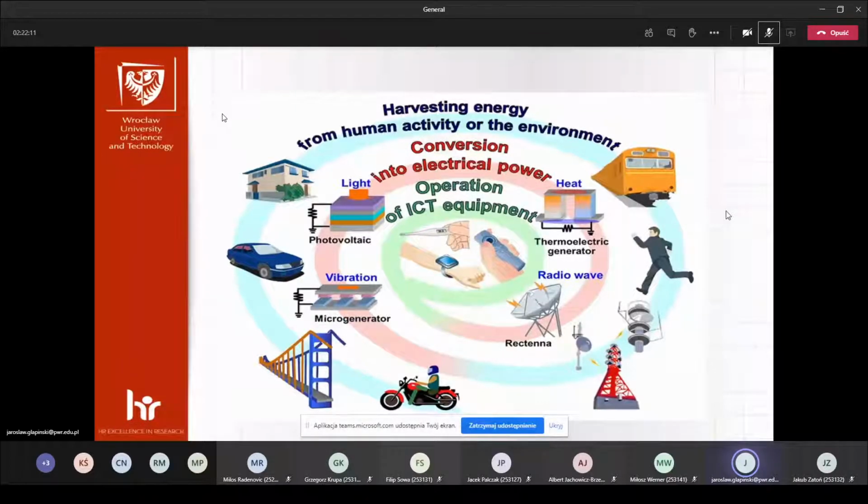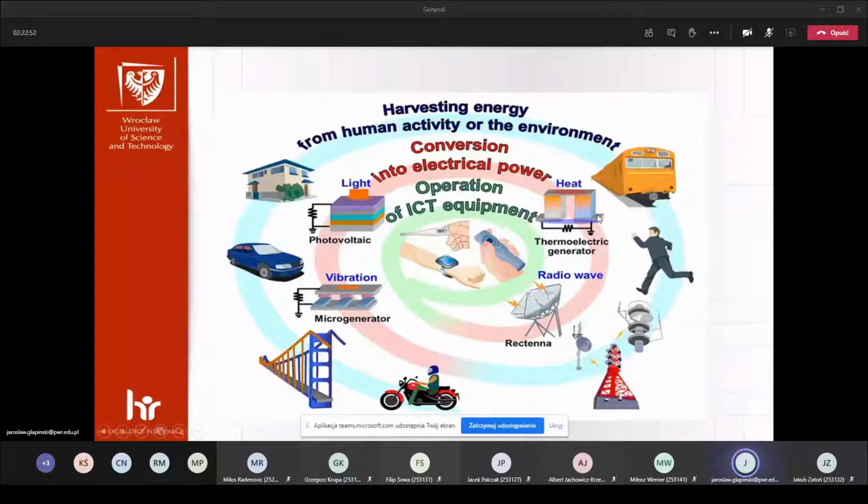So maybe there are some abilities to harvest this energy, and there are some, for example, vibration generators. If we are vibrating, we can harvest energy from this vibration. Or we can harvest energy from outside light, like photovoltaic cells. We can harvest energy from a difference of temperature, for example.